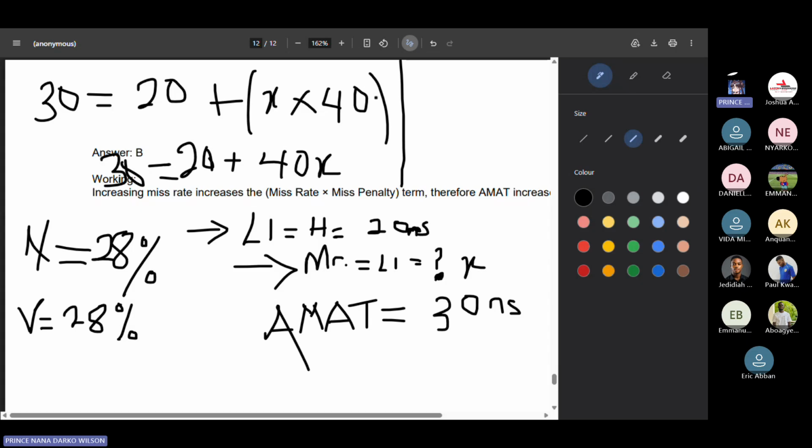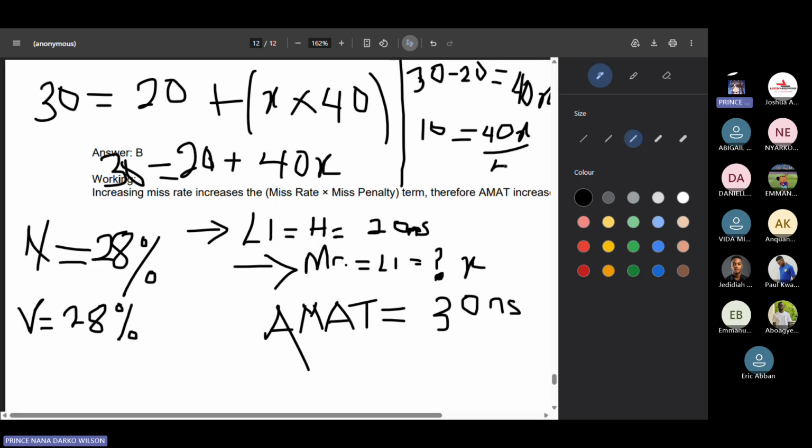Right. So then if we group like terms, we have 30 minus 20 is equal to 40x. And then 30 minus 20 gives us 10, and then it's equal to 40x. So in order to get our rate, we need the x to stand alone.